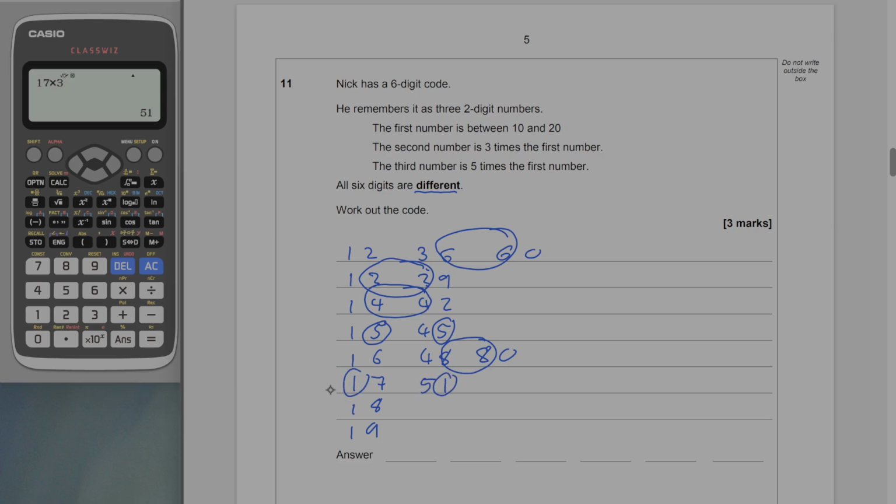Digit 1 repeating, so it can't be that one. 18 times 3, 54.